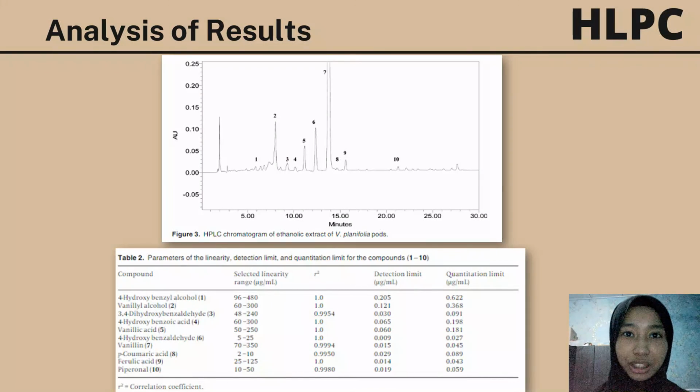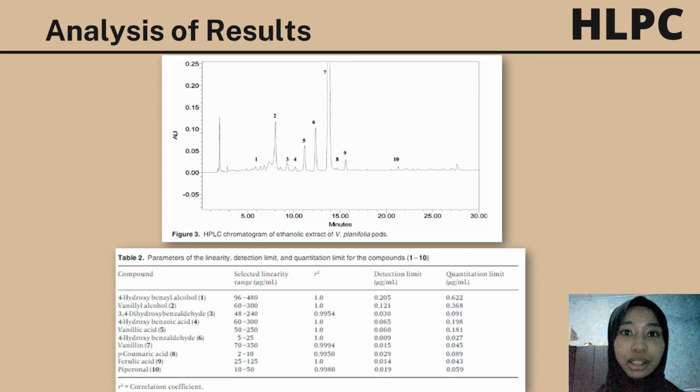We successfully detected 10 phenolic compounds out of the separated 21 compounds. The quantitative variation may be due to the differences in geographical locations. The 10 compounds were identified by comparison of their retention times, UV spectra, and by co-injection with standards.